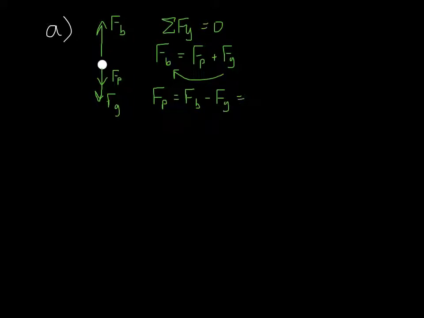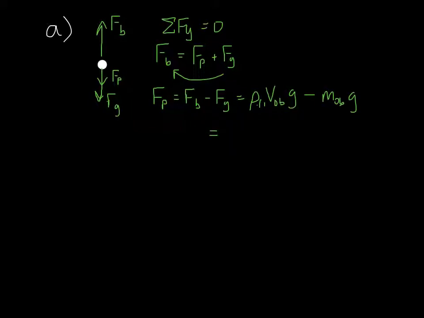The buoyant force formula is the density of the fluid times the volume of the object times g, minus the gravitational force, which is the mass of the object times g. This is equal to the density of the fluid.